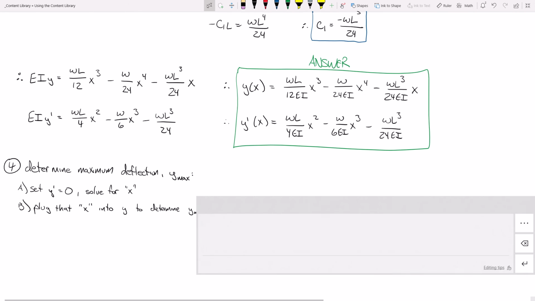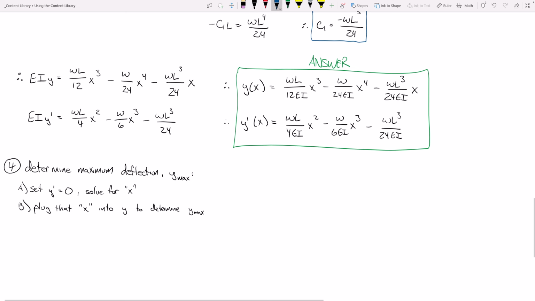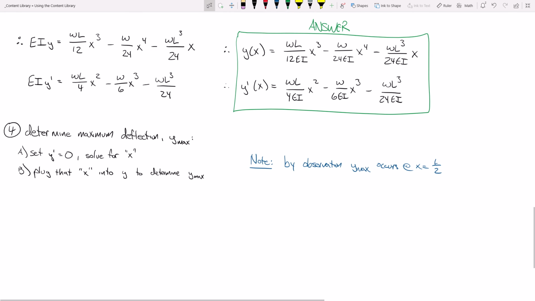But note, by observation, Ymax occurs at x equals what? L over 2. So let's see what that is.